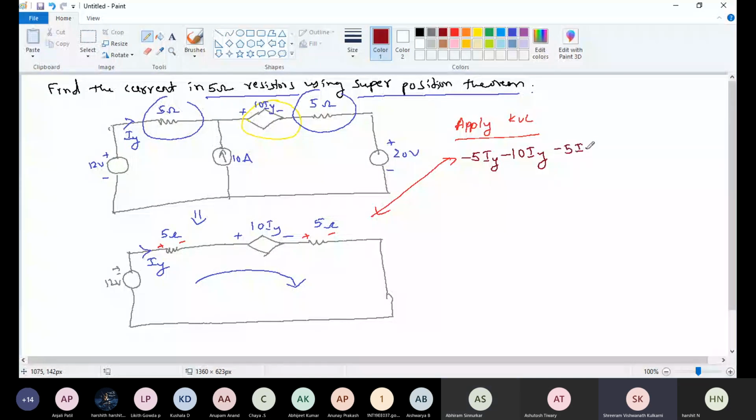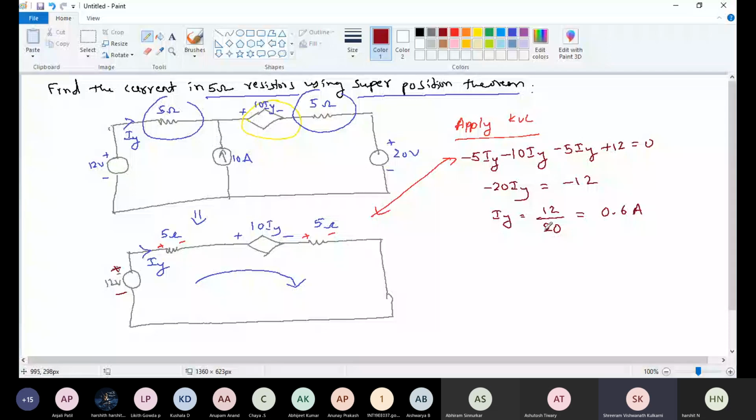This voltage source equals minus 12, since plus to minus is plus 12. Plus 12 equals 0. If I simplify this, minus 5 Iy minus 10 Iy minus 5 Iy equals minus 12, that is minus 20 Iy equals minus 12. Iy equals 12 by 20, that is 0.6 ampere.